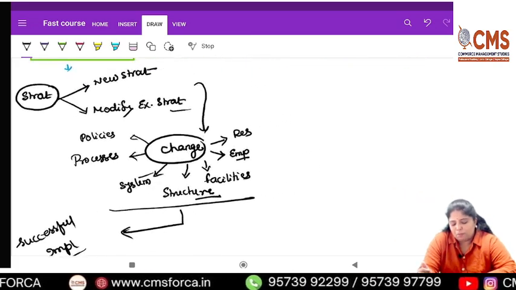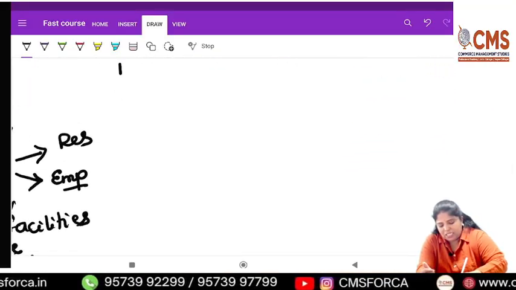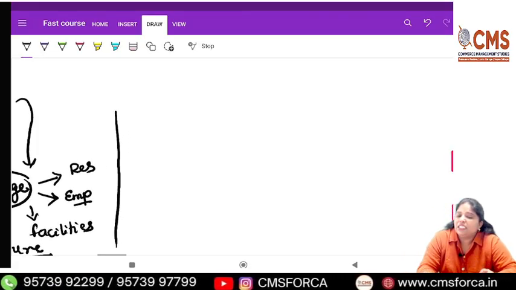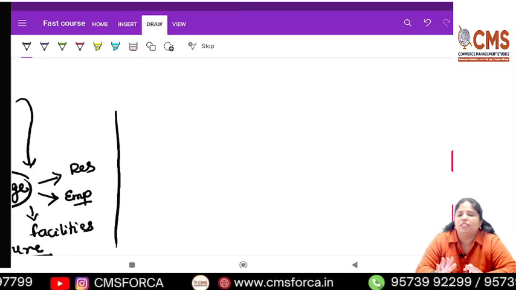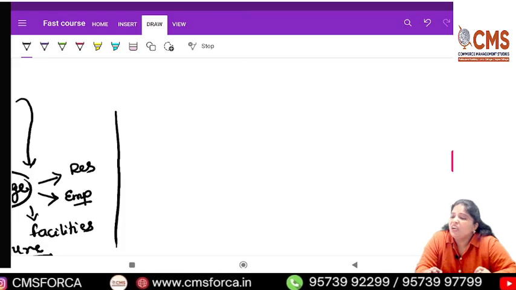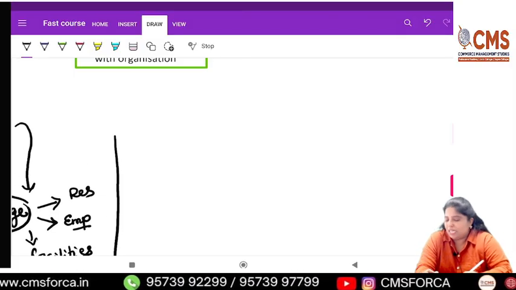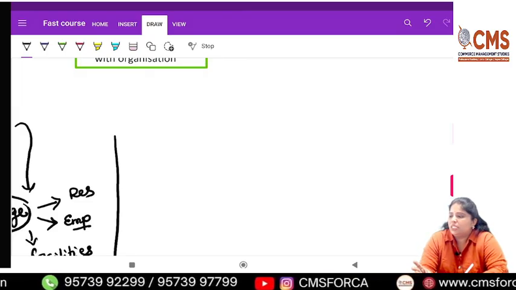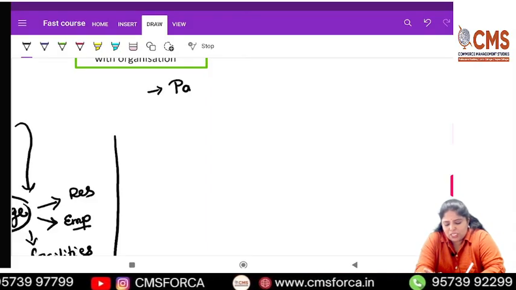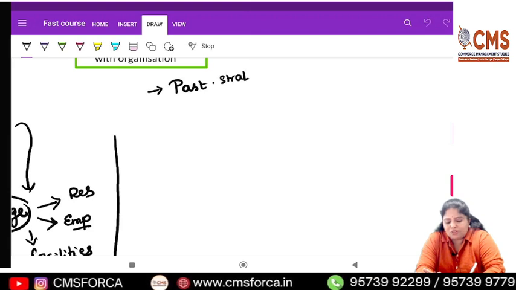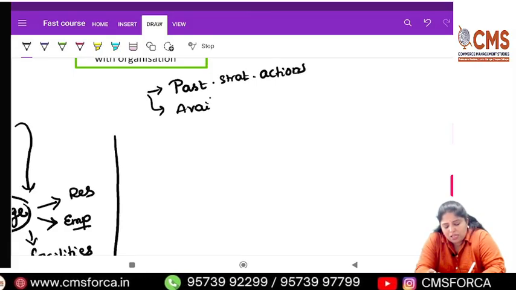Now let's talk about the backward linkages. What do you mean by backward linkages? See, at the end, strategies must always align with the organization's objectives, there is no second thought on this. So when implementation of a strategy is done, the organization tries to consider 3 or 4 factors. One is they try to assess what their past strategic actions and available resources are.